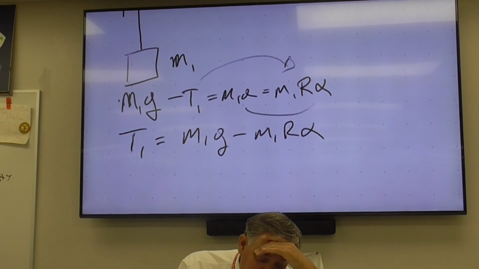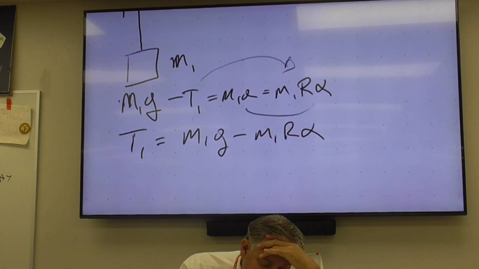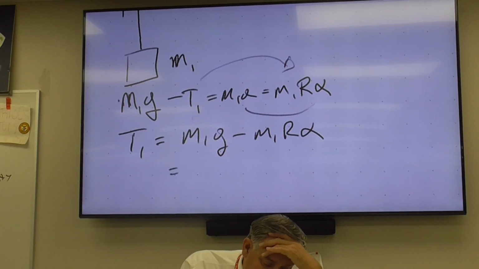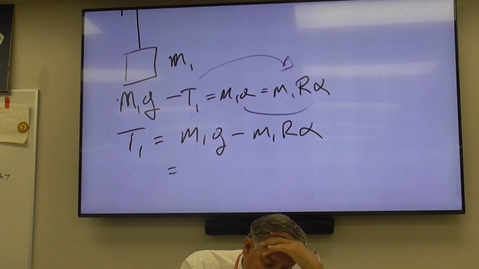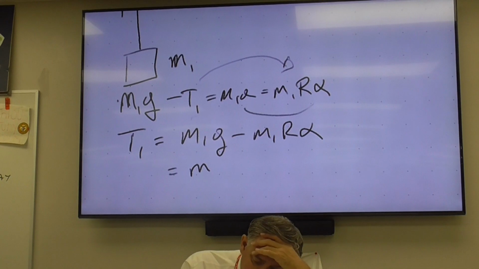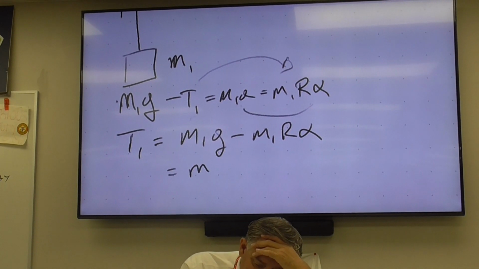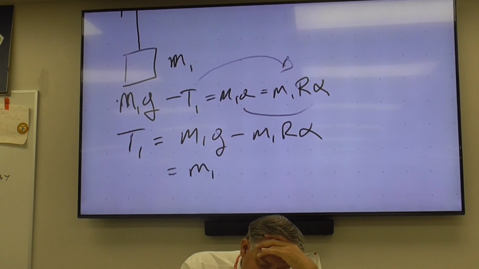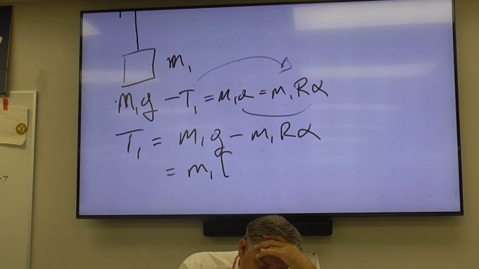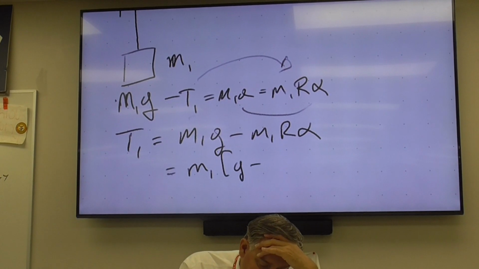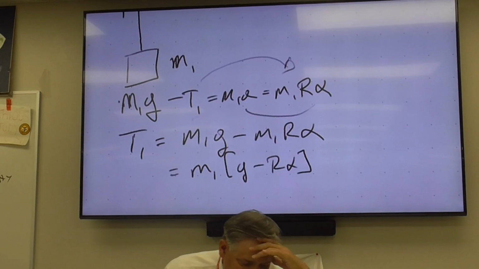So I've got a common factor of M1 and R. If you wanted to, you could factor out M1. So T1 equals M1 times G minus R alpha.